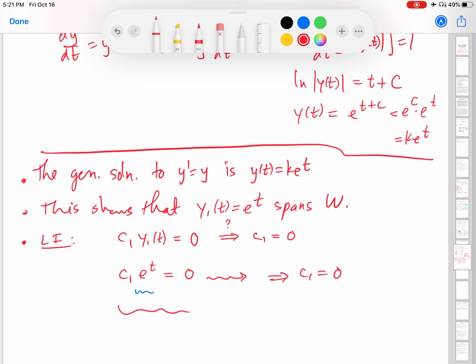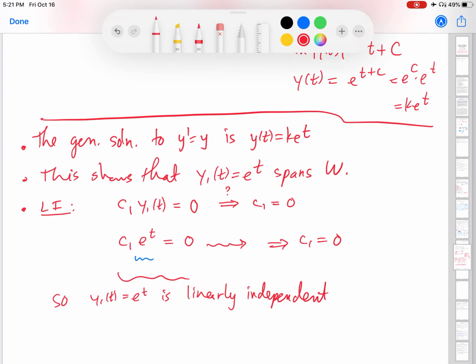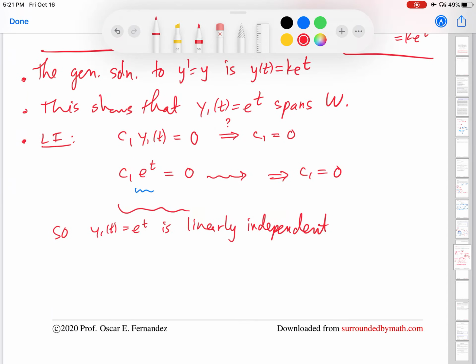Okay, so y1 equals e to the t is linearly independent. Again, it seems a little silly, but it's important that we check, because again, not every set of elements of a space is linearly independent.